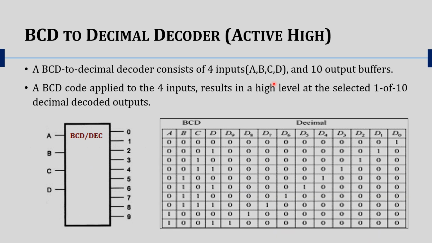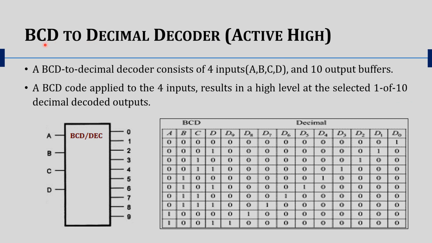Now let's discuss BCD to decimal decoder, which can also be called a 4 to 10 line decoder. That means it consists of 4 inputs with 10 output lines. So it can also be called a 1 of 10 decoder.